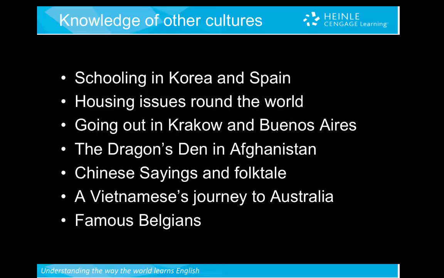So, across different levels of outcomes, for example, we have reading texts about schooling in Korea. We have a listening about kids who went to school in both the UK and in Spain. And the students read these things, compare and contrast what's similar, what's different, what's better, why. They read about housing issues around the world, and they think about how similar or different their own contexts might be.